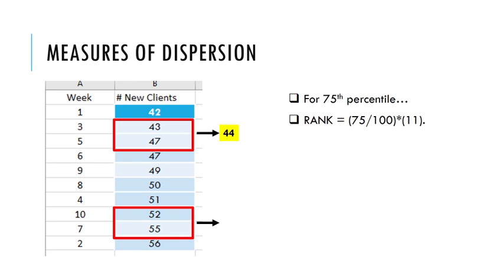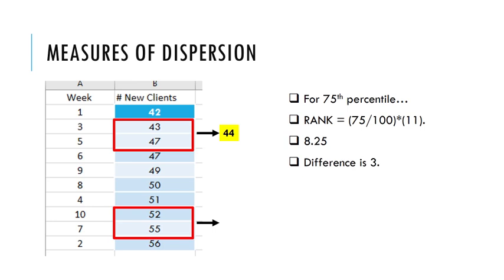I have 10 observations plus 1. So we get a rank of 8.25. So again, what do I mean by rank? I'm simply counting down how many rows. So it's going to be between the 8th and the 9th row. But where between? Well, that's when we have to use the weighted mean method.